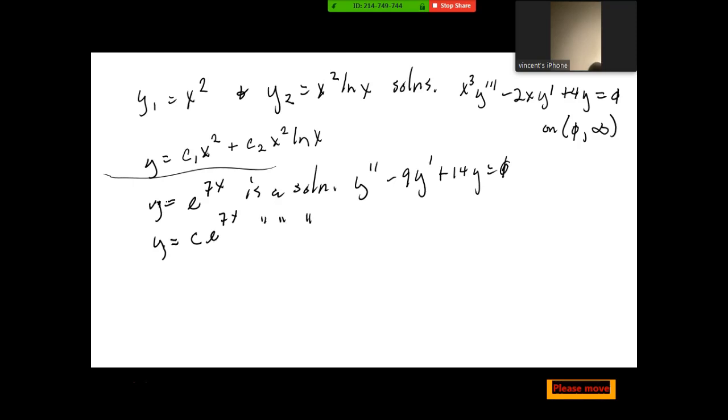Now, we didn't verify that one either, but it's pretty easy to verify. Y prime would be 7e to the 7x. Y double prime would be 49e to the 7x, minus 9 times 7, which is minus 63 e to the minus 7x, plus 14. 14 plus 49, sure enough, is 63.